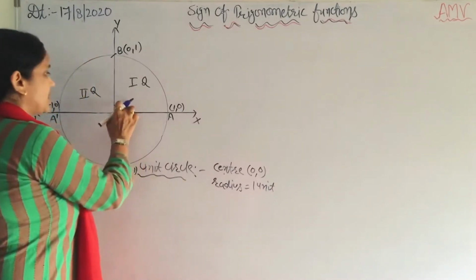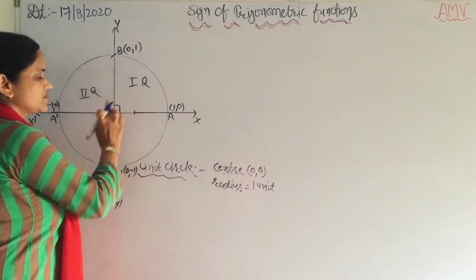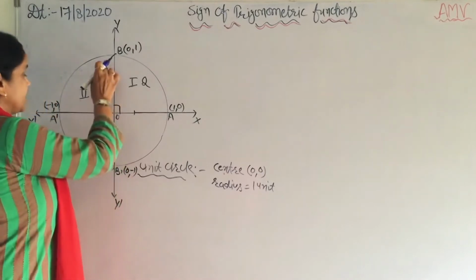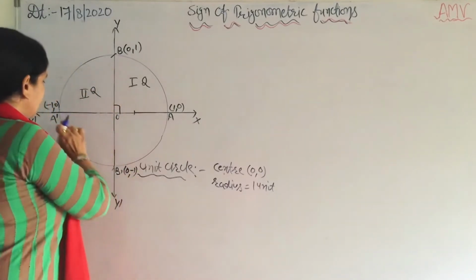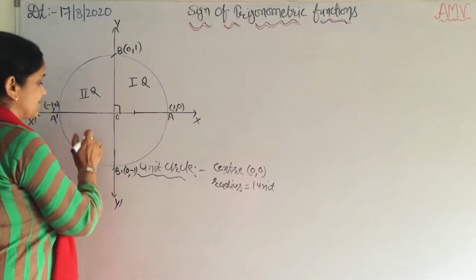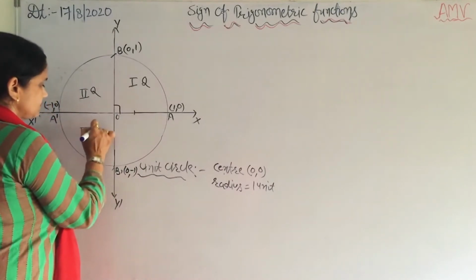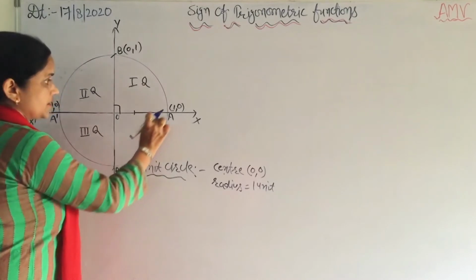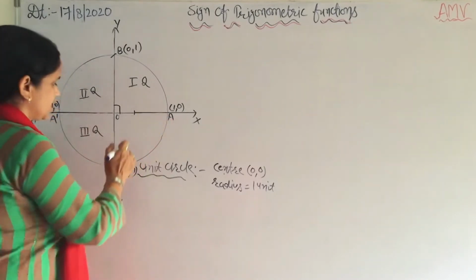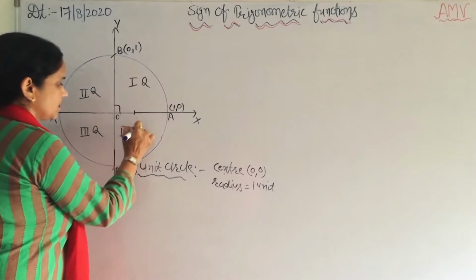One part, 0 to 90 degrees, is known as the first quadrant. 90 to 180 is the second quadrant. 180 to 270 is the third quadrant. And next, from 270 to 360 is the fourth quadrant.